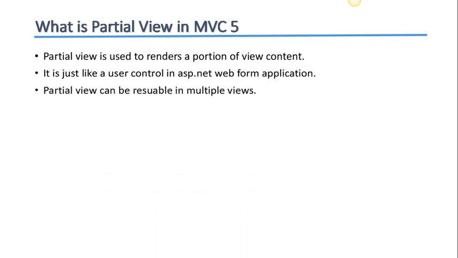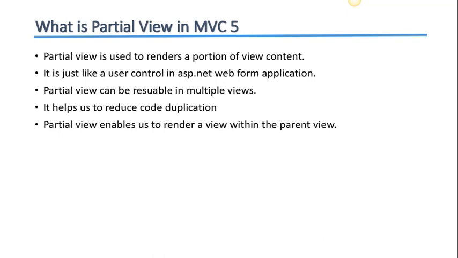Partial view can be reusable in multiple views. So it is a reusable view, so we can reuse the partial view in multiple view pages. It helps us to reduce the code duplication. So with the help of partial view we can reduce the code duplication.